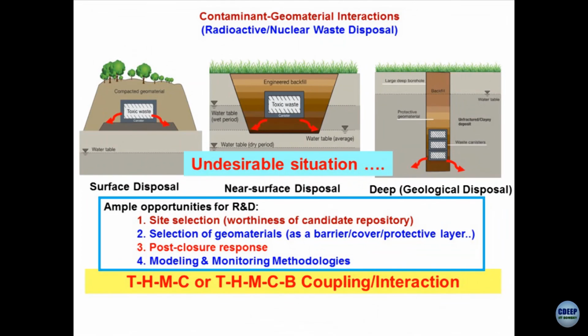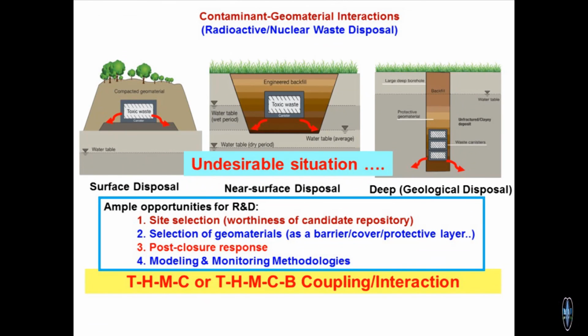If you understand all these steps, this is a very complicated thing, but very intricate, but very evolving, and it is basically catching the attraction of several people nowadays. And this is where we talk about THMC: thermo, hydro, mechanical, chemical interactions. I think I have already given you enough feedback about what is the thermal effect.